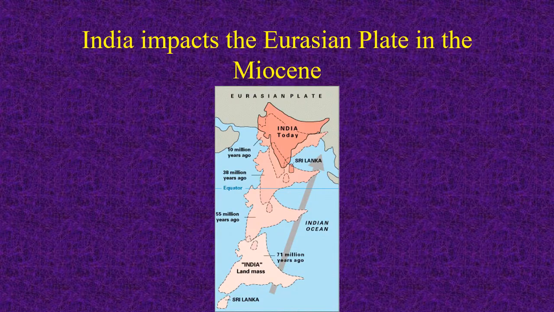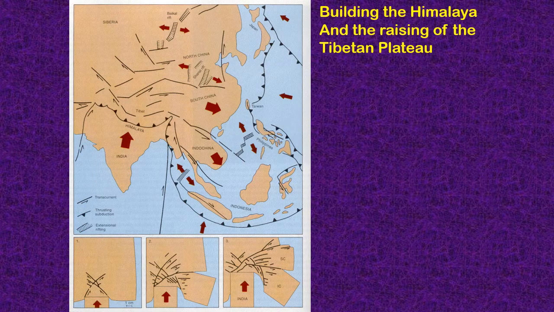Now, as India continues its migration north and collides with the Eurasian plate in the Miocene, we see a drastically major change in climate from where we started out in the Cretaceous to where we are then in the Miocene. And this is one of the big things that marks the difference between the Neogene and the Paleogene. Once again, colliding a continent into another continent is not a simple mashup.